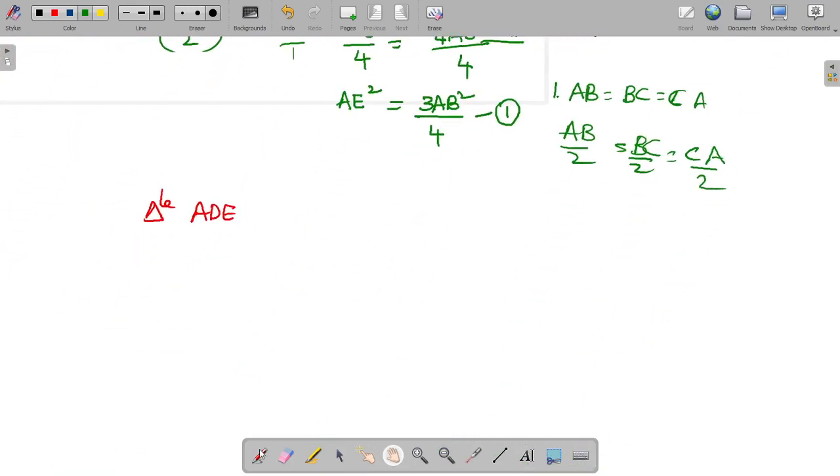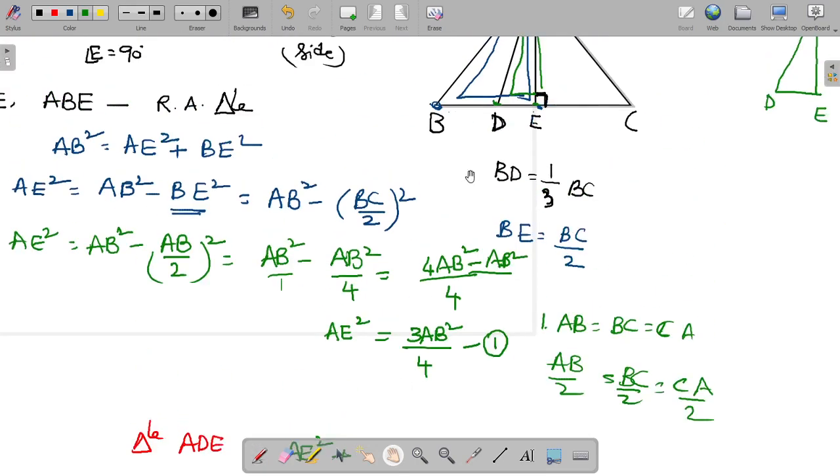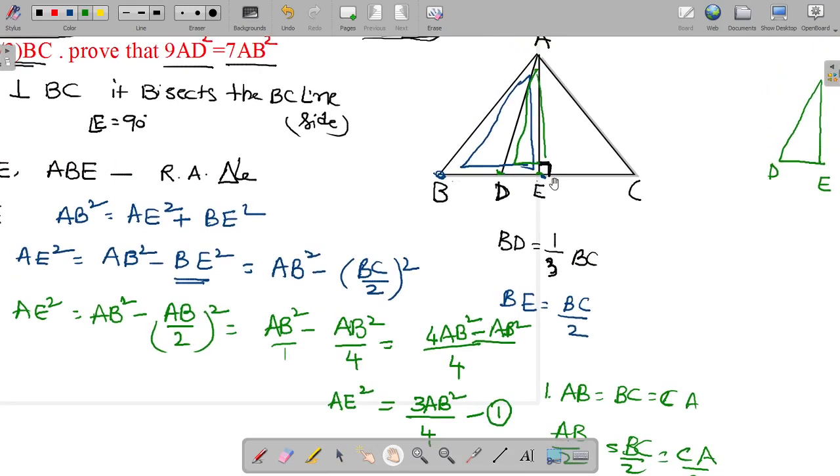In triangle ADE, DE square plus AE square is equal to AD square.